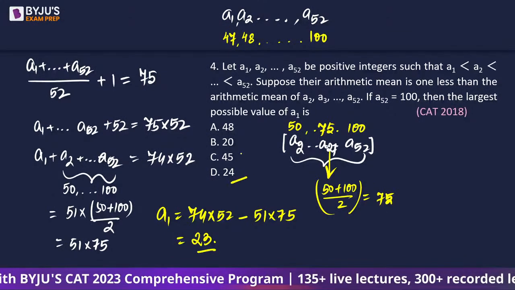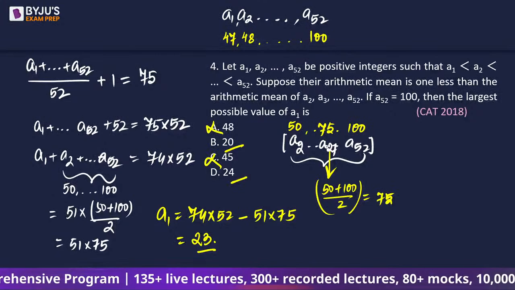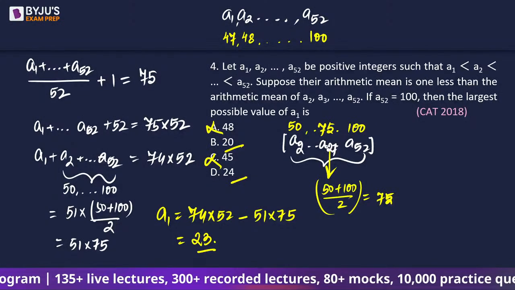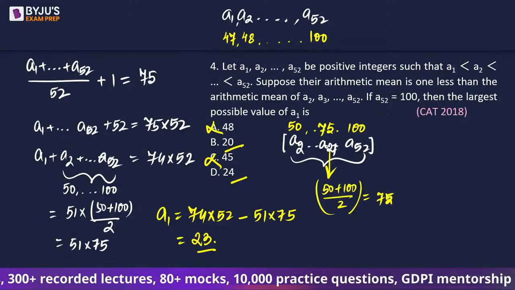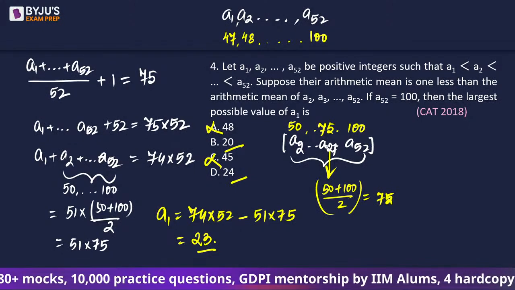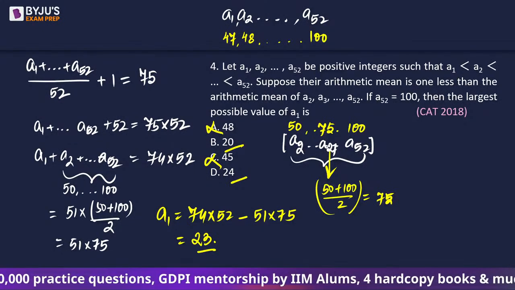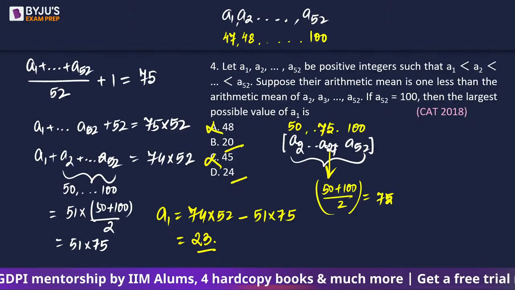23 is coming. Definitely it's not 48 or 45. Are we getting 24? Is there any calculation mistake? No, there is no calculation mistake, right?